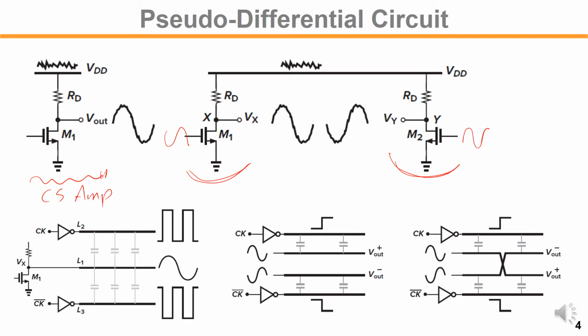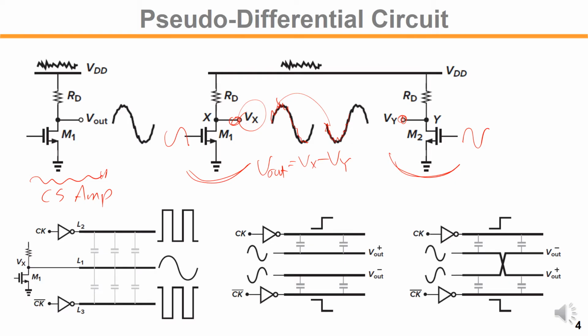The 180-degree different signal we apply there, and then we take out each output from both amplifiers and take the difference Vx and Vy as the output. But the problem with this is that there's still some glitch in there, but this glitch is in phase on the signal at those two nodes.